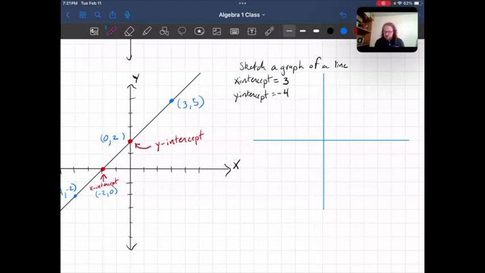Pick a different color. My x-intercept of 3 means that along the x-axis, I'm looking for the value 3. Right? And they're all going to be labeled on the homework with all the numbers drawn out already. So I'm looking for the value of 3 on the x-axis, and that's one of my points.